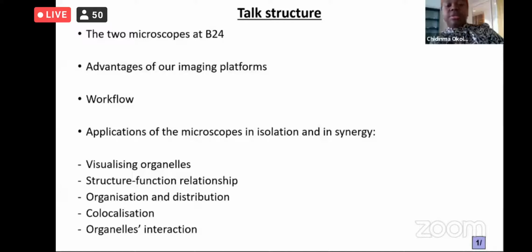First of all, I'm going to start by explaining the two microscopes we have, the advantages each of these platforms holds, a brief overview of our workflow at Beamline B24 at Diamond Light Source, and also the applications of these microscopes in isolation when studying or visualizing organelles, their structure-function relationship, as well as co-localizations of organelles in 3D and in 2D.